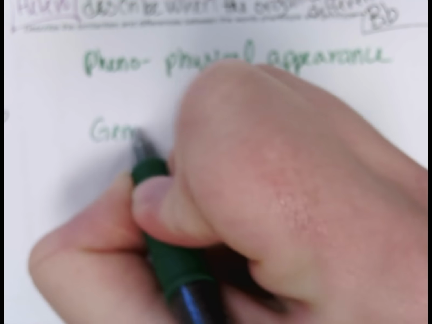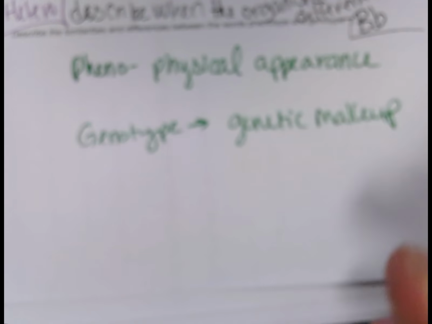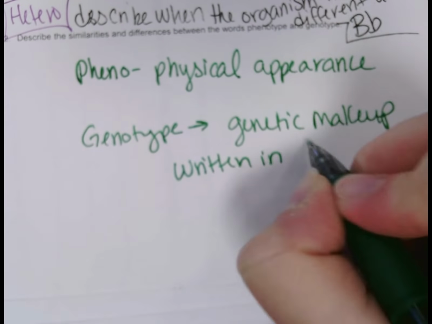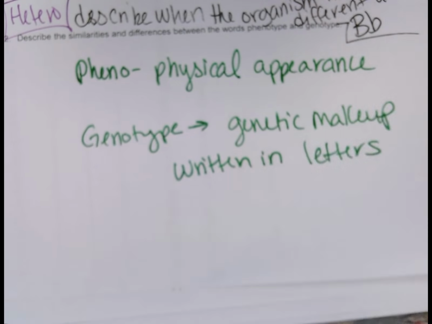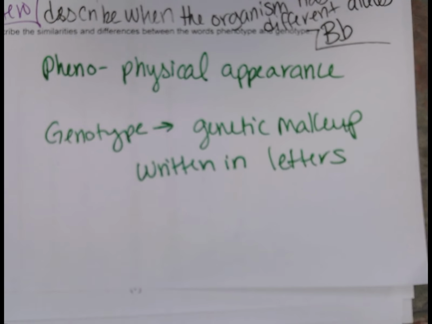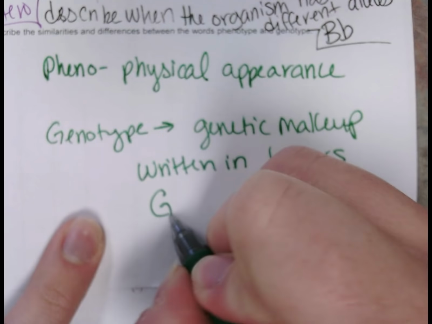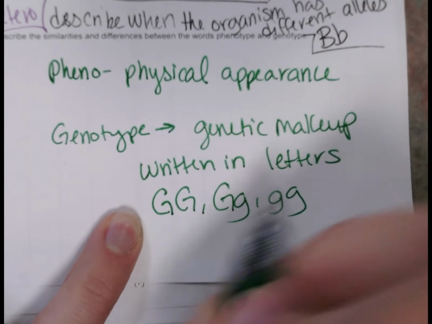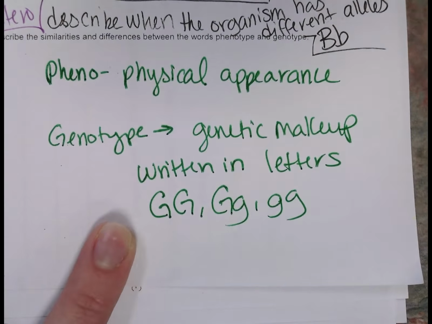The genotype is the genetic makeup, and it is written in letters. They have to be the same letter. It could be one capital, one lowercase. So big G, big G, big G, little g, little g, little g. So homo, hetero, homo.